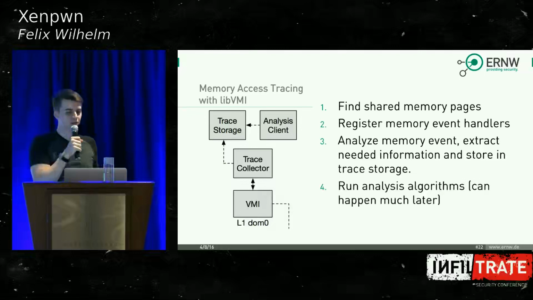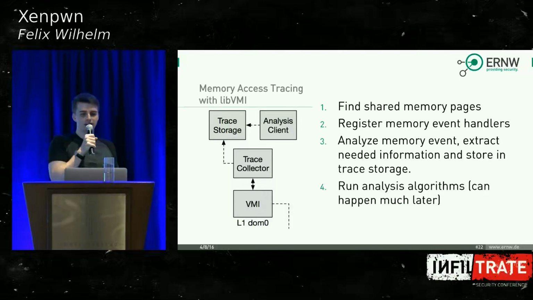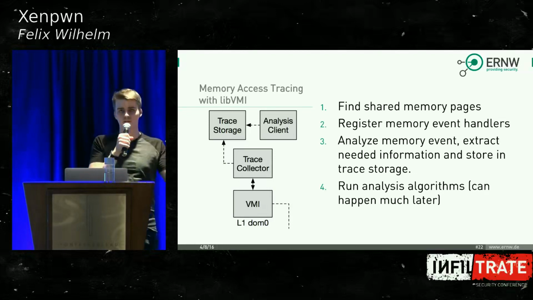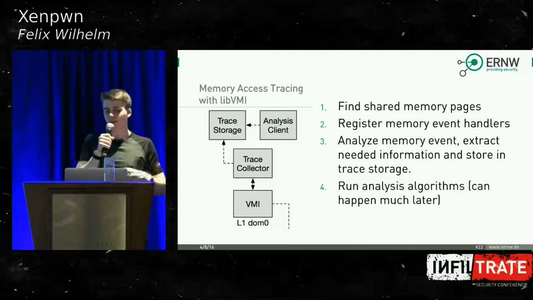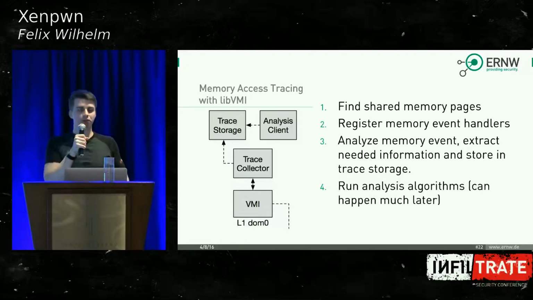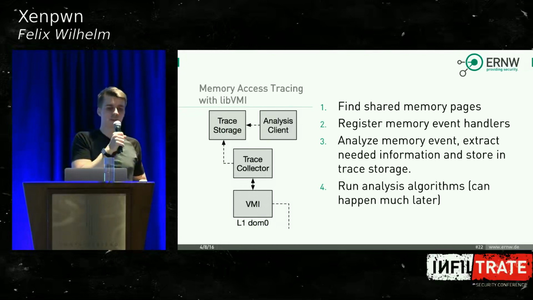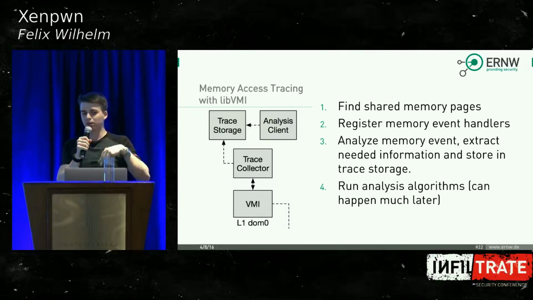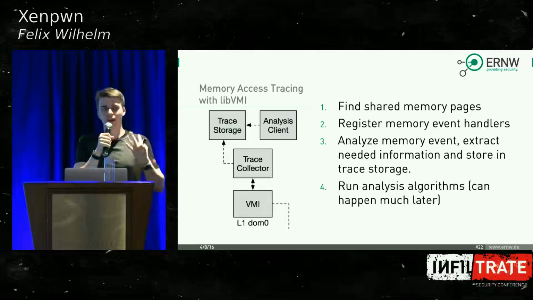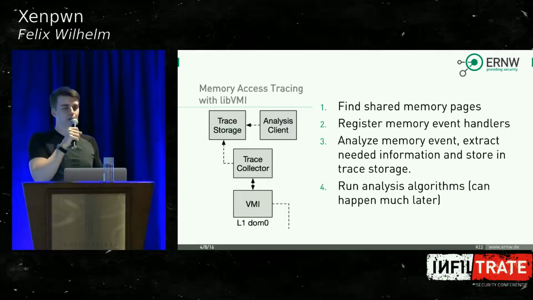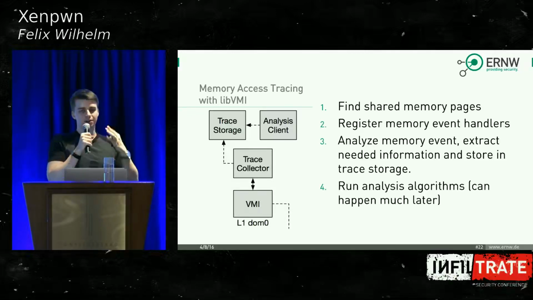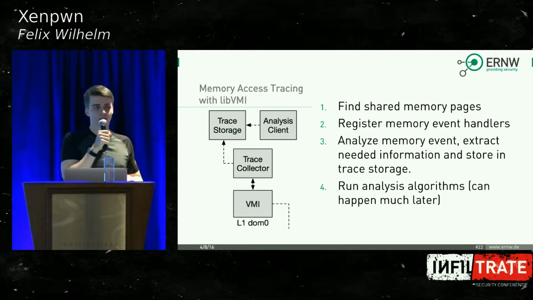And in this callback function, we want to analyze every memory event. Every time this physical address is accessed, we want to look at the context and extract the information we later need for our double fetch analysis. And then later on, we have this step where we actually search for double fetches, but the advantage is that it's offline, and this can happen at a much later point in time.